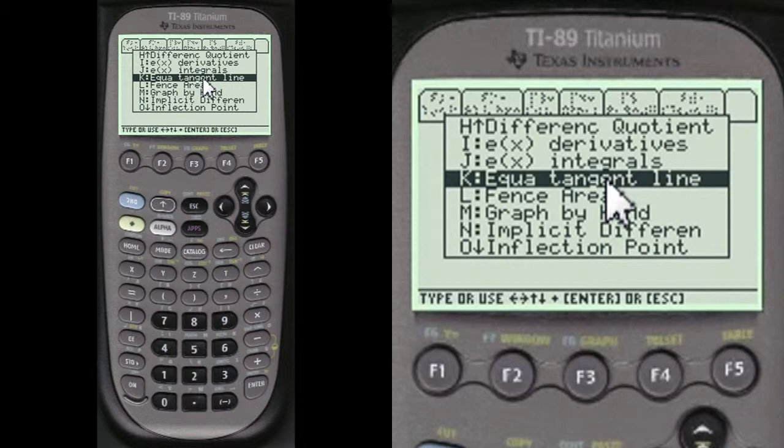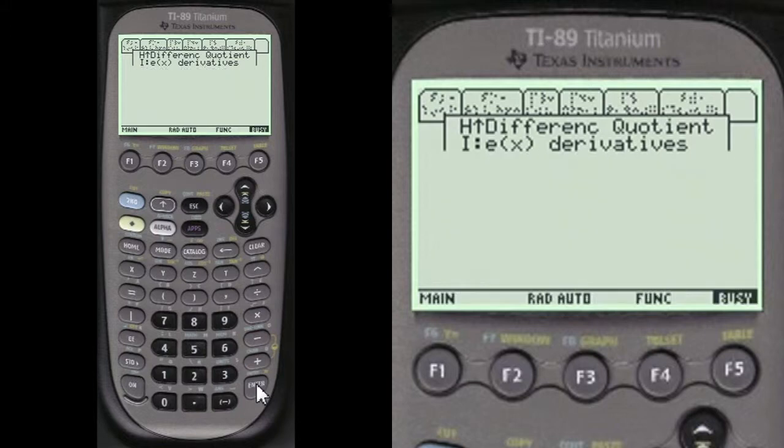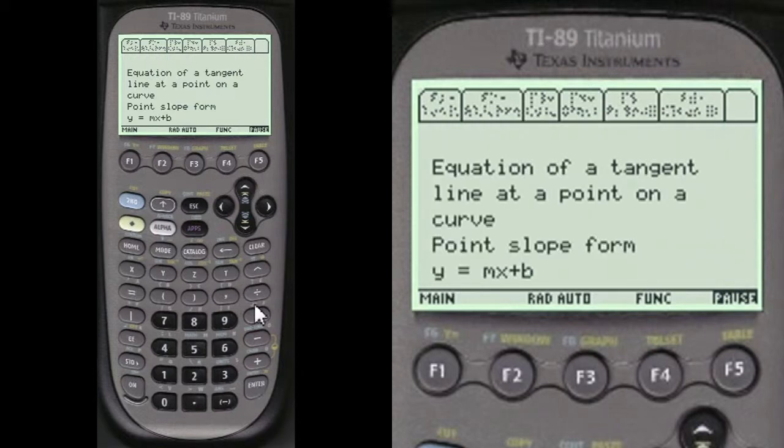That's really what you're finding, because you want to graph this stuff and look at it, and that's what I'm going to do here for you. Equation of a tangent line at a point on a curve. Point slope form y equals mx plus b.